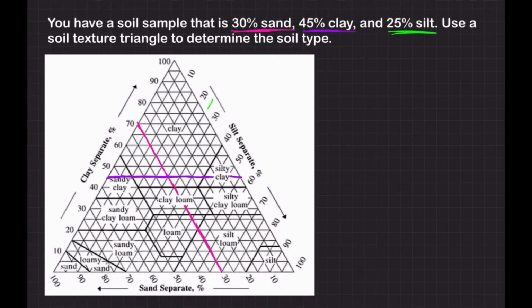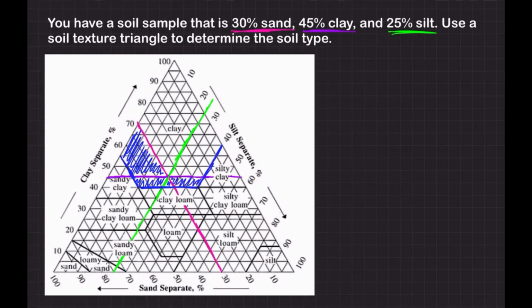So I'm going to go at this angle because the numbers are at this angle. And I'm just going to go straight through here. Okay, so in this one, we are in the clay. Because everything in here is considered clay in this box.